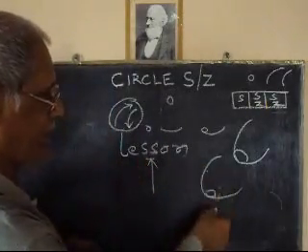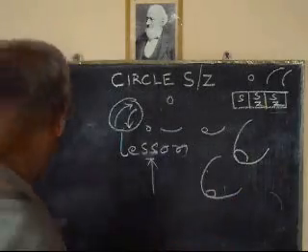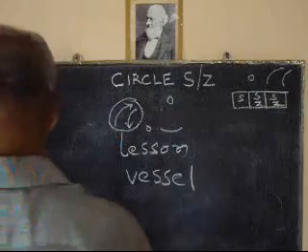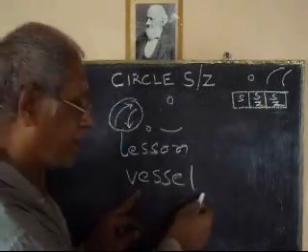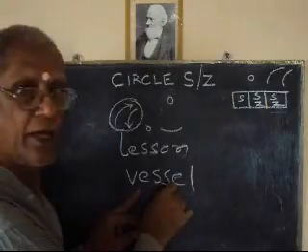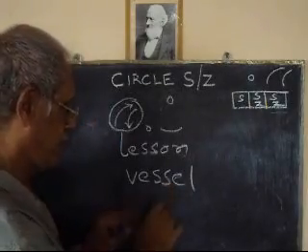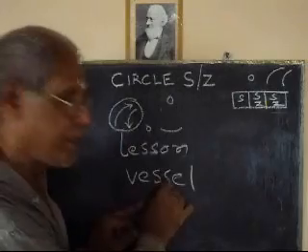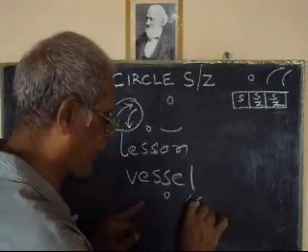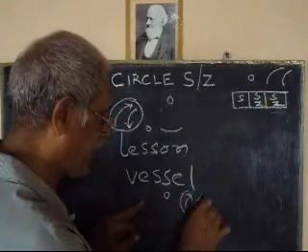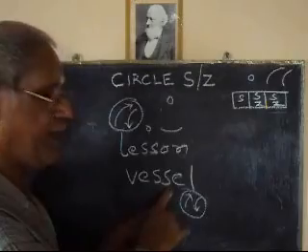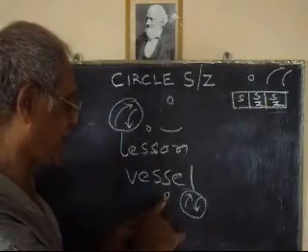It will be decided by the direction of the circle. Lesson. Okay, lesson. Vessel. Here L is preceded by a vowel, and here S is represented by a circle. Here, upward L or downward L will be decided by the motion of the circle, the direction of the circle.